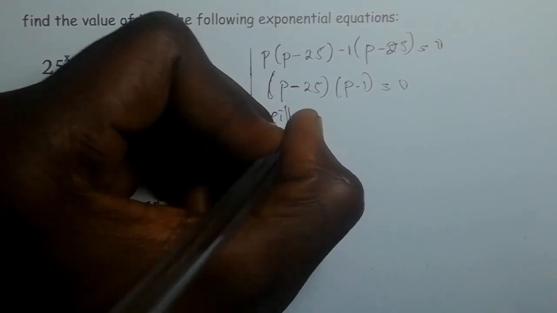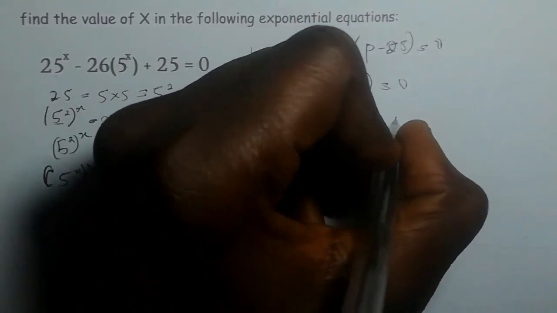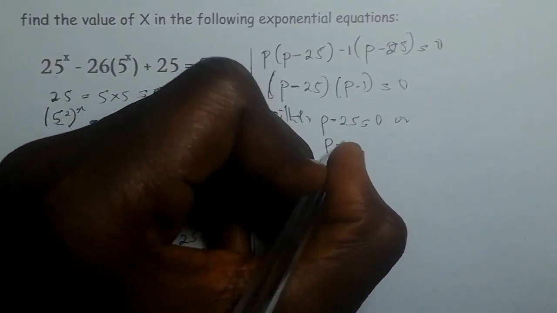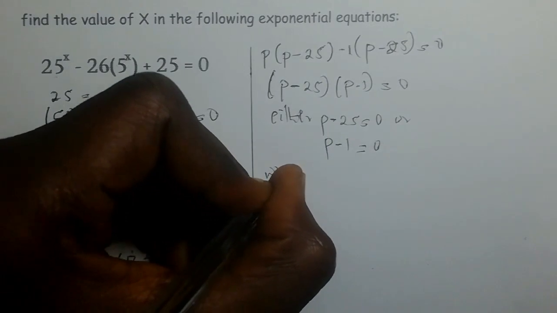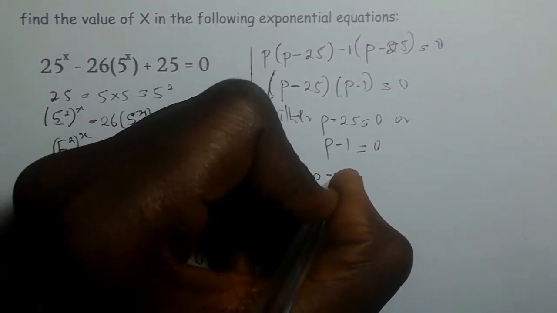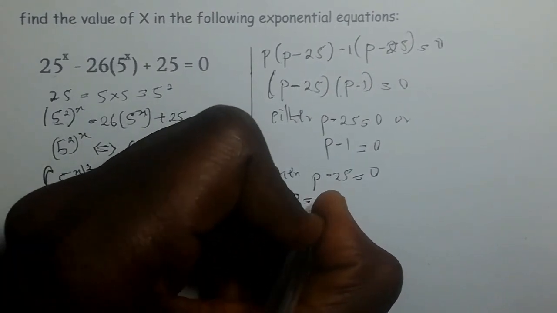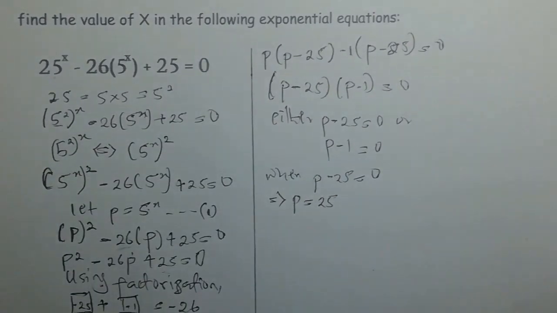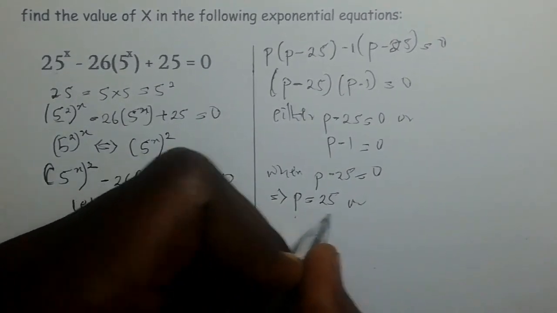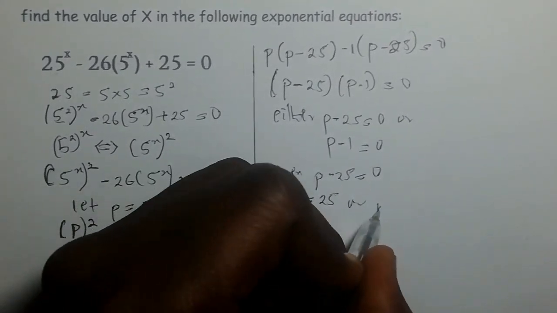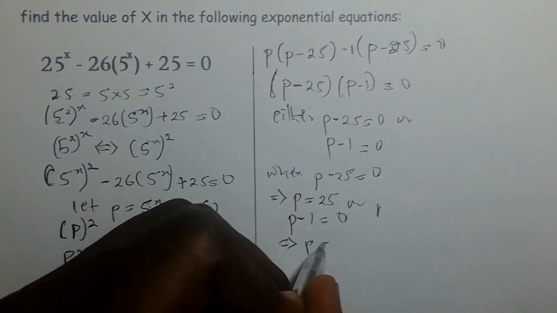So either p − 25 = 0 or p − 1 = 0. When p − 25 = 0, this implies that p is equal to positive 25. Or when p − 1 = 0, this implies that p is equal to 1.